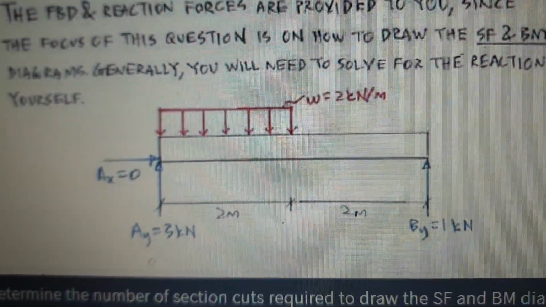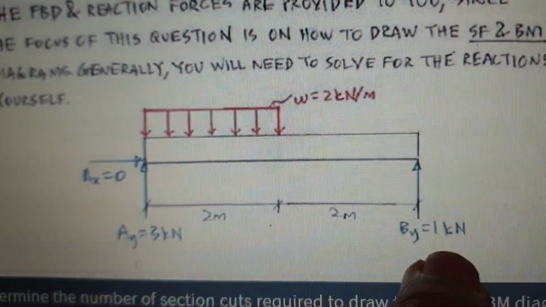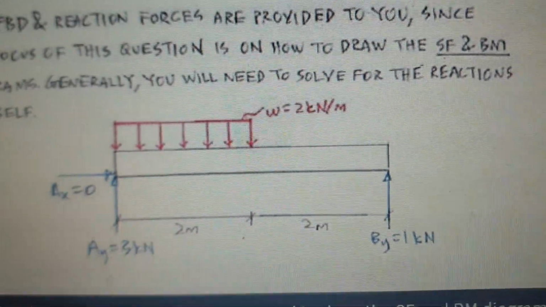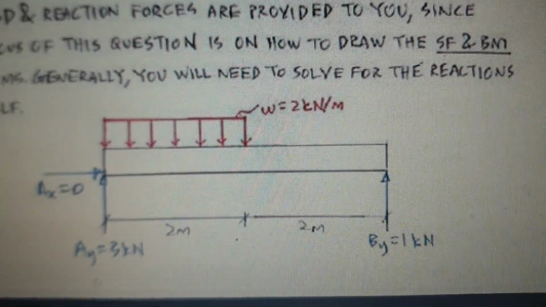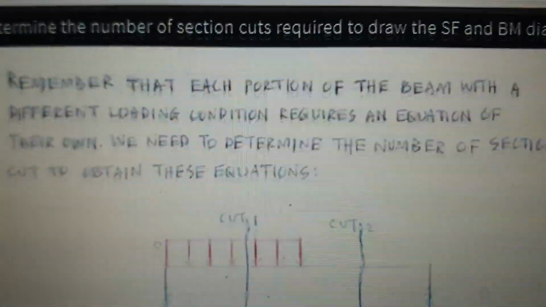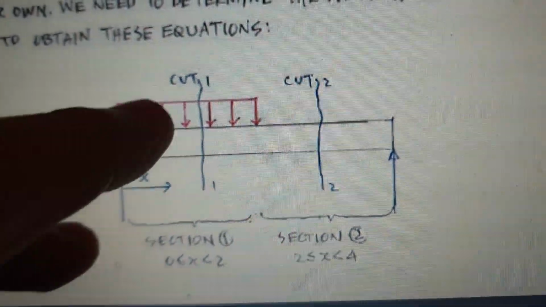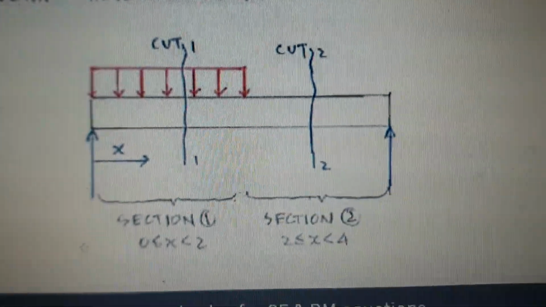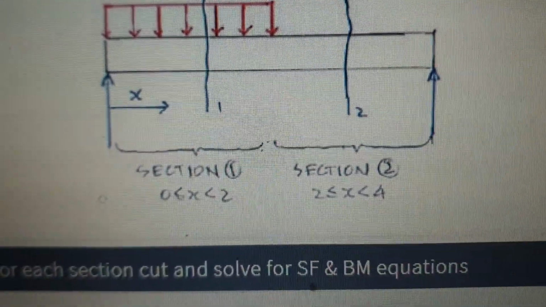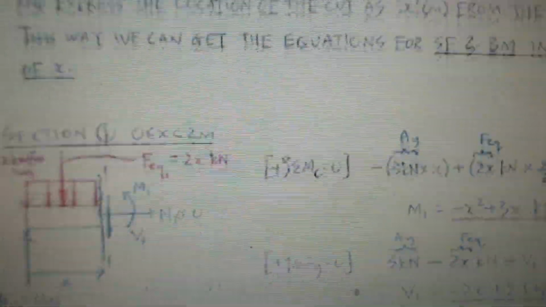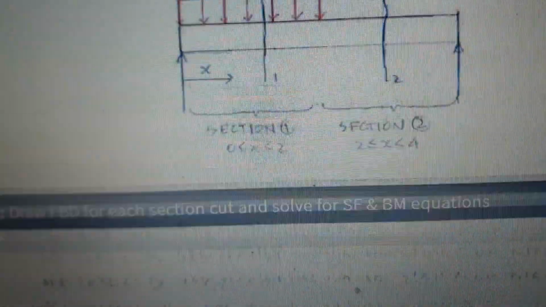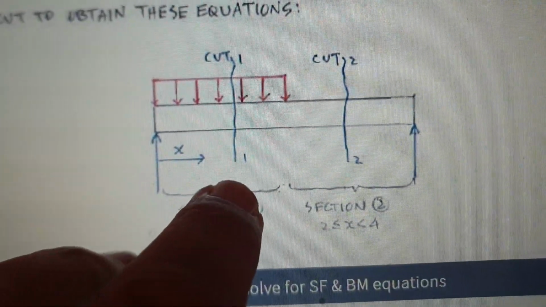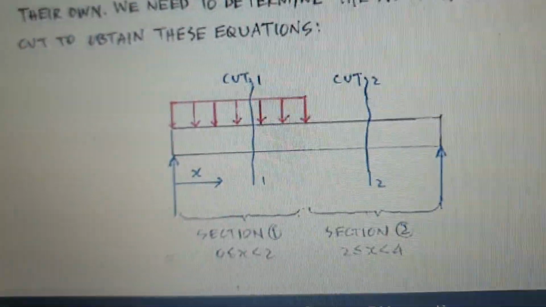So of course, we did find AY and BY, we did it later on. And now we have to determine the sections. This is by the equation. Let's do a cut here, and let's do a cut here, and let's find the section. So this cut here will take this side.